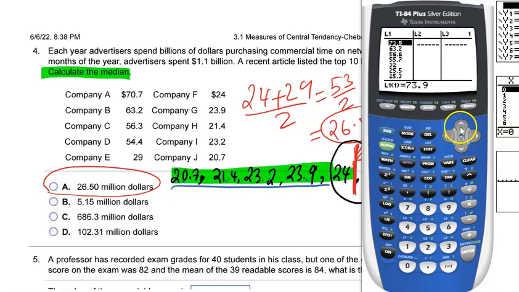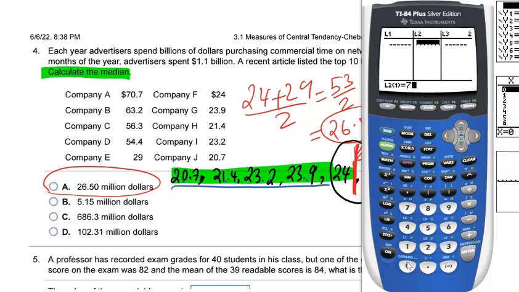What I have to do is highlight L1, press clear and enter, and all the data is gone. Now I can put the data in L1 or L2. Let's put it in L2.